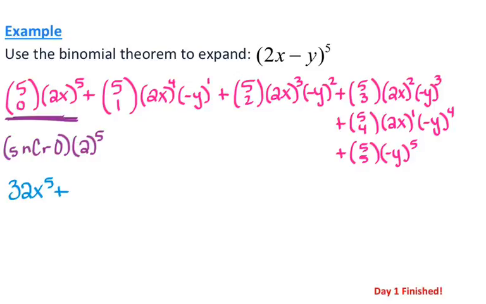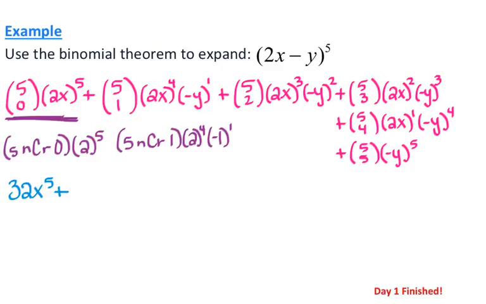For my first term. For my second term, here's what I'm plugging into the calculator. I'm going to do 5 NCR 1, and then I'm going to do 2 to the 4th, and then I'm going to do -1 to the 1st. Okay, I want to type in everything at once. That way I don't necessarily have to simplify as we go.